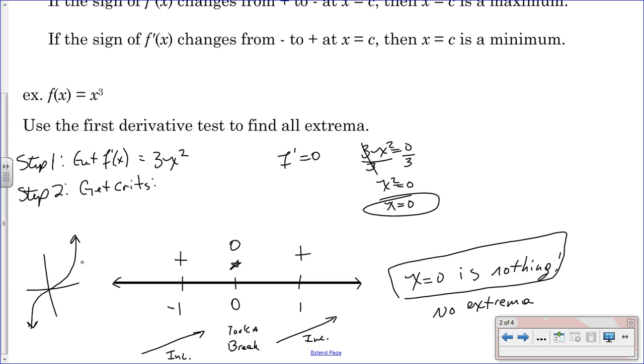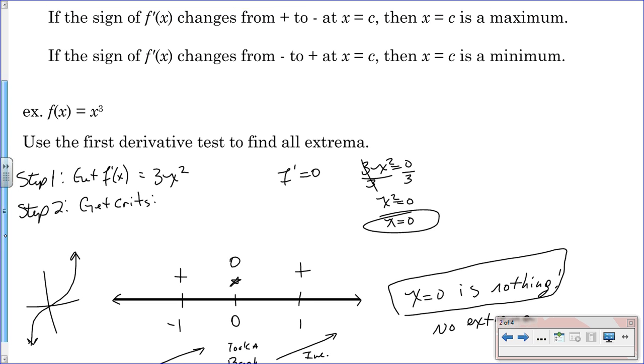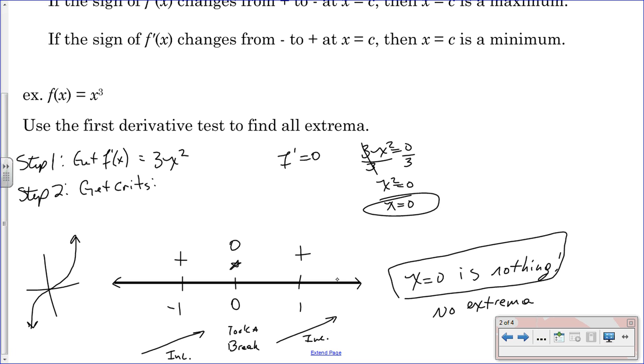So the slopes of all the lines tangent here will always have a positive slope. When they get here, they'll have a 0 slope, but the thing to remember is that it has to change from a positive to a negative or a negative to a positive. Here it's positive, goes to 0, stays positive. So therefore, in this case, x is absolutely nothing.